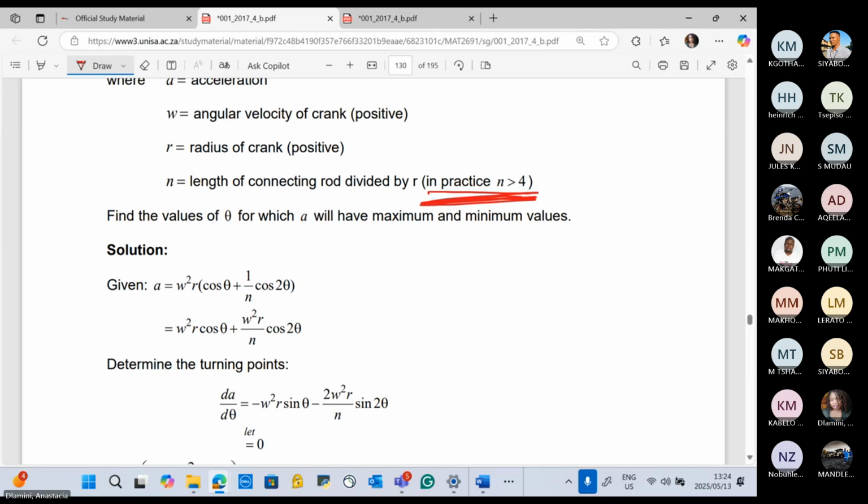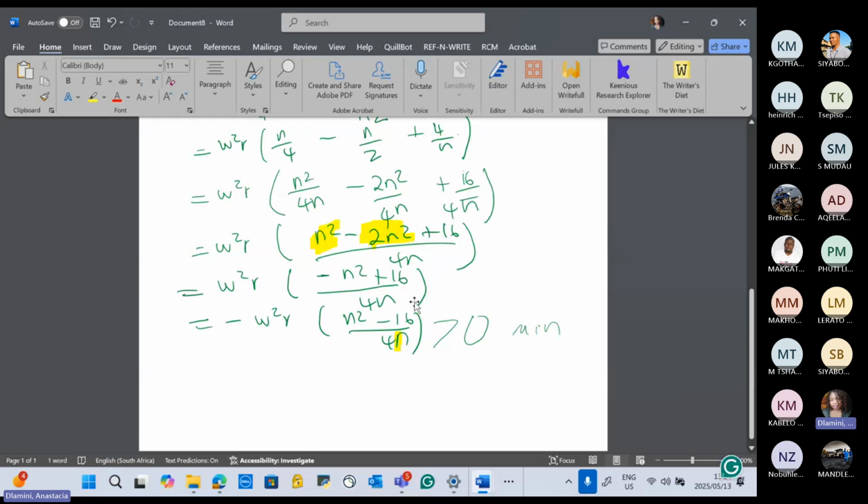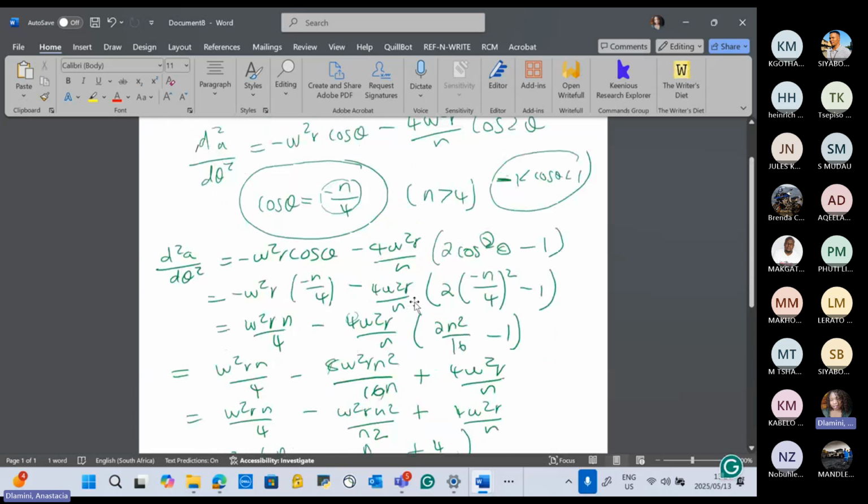So they're saying the length of the connecting rod divided by r, in practical, has to be greater than 4.